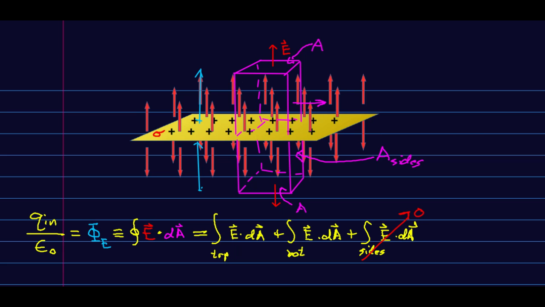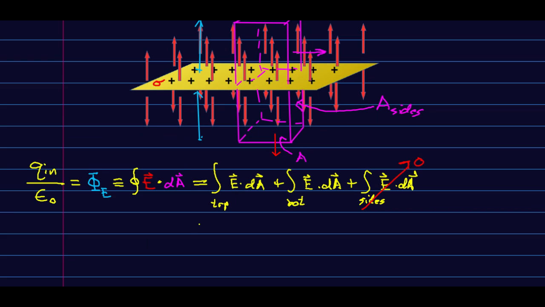And second of all, the E field is parallel to the dA vectors out of the ends, and so theta is 0, and so we have this usual situation that these are turning into E dA with no vector symbols anymore.